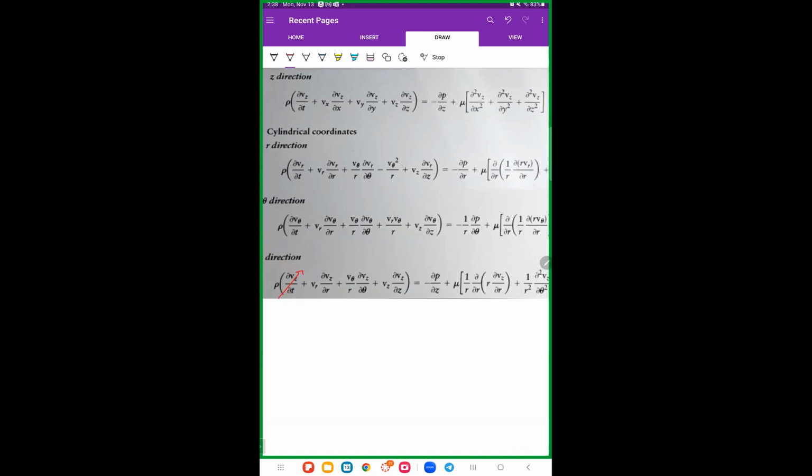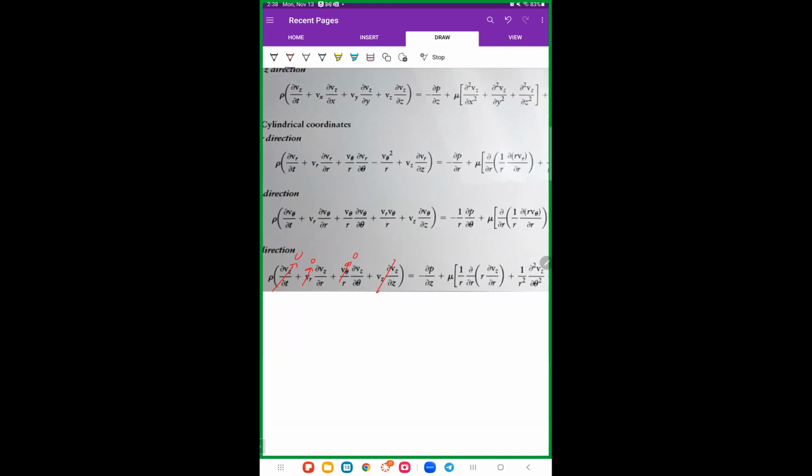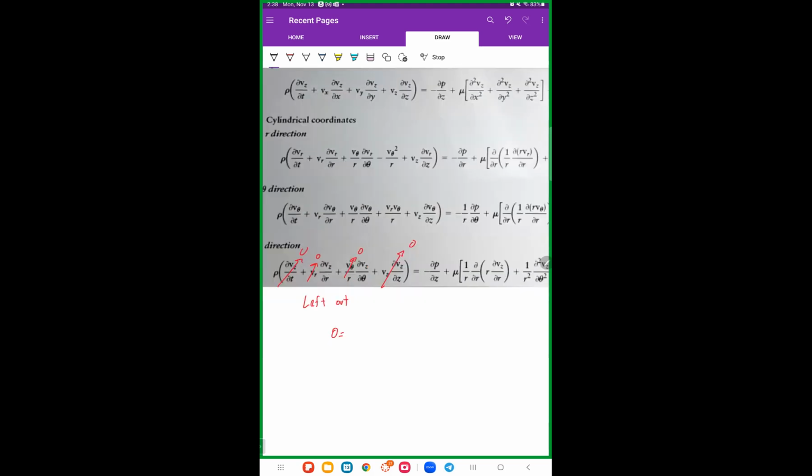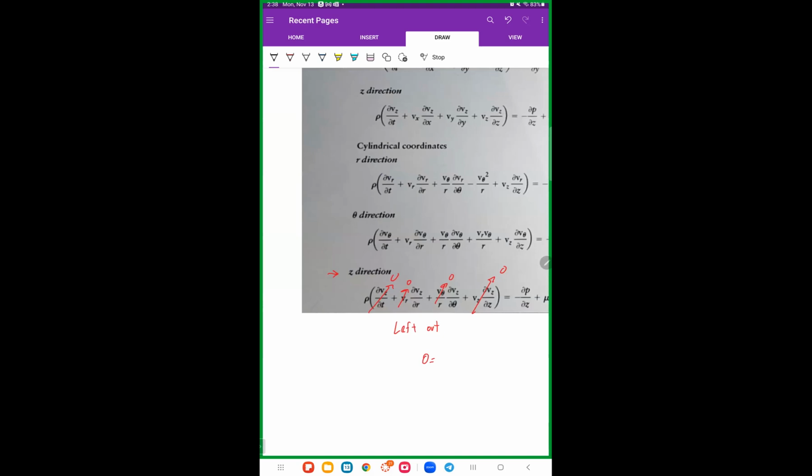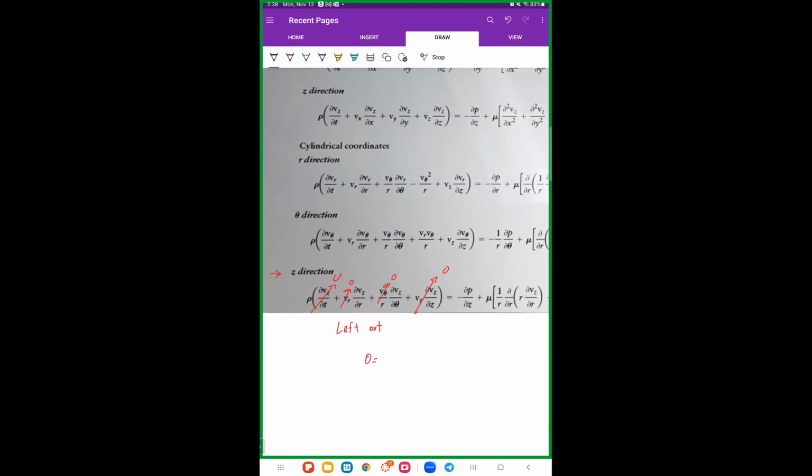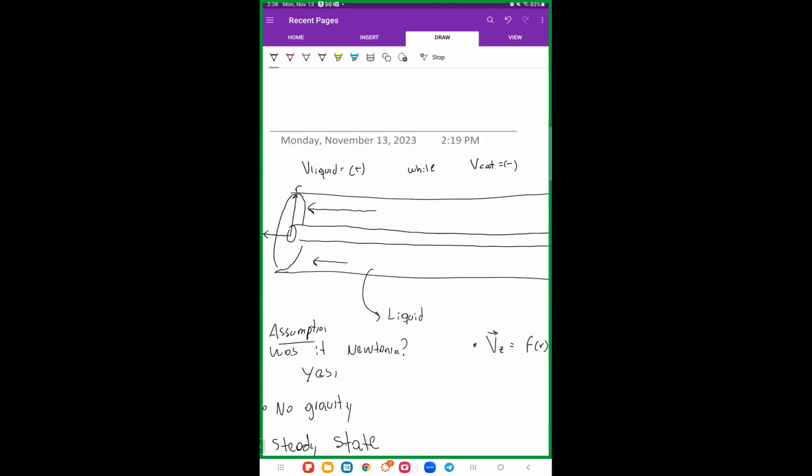There's no v_r. Then v_z, your velocity, is a function of r, not theta or z, so we can cancel those out and cancel all the left side. Then there is a pressure gradient, so you can keep that. The liquid is pressure driven.